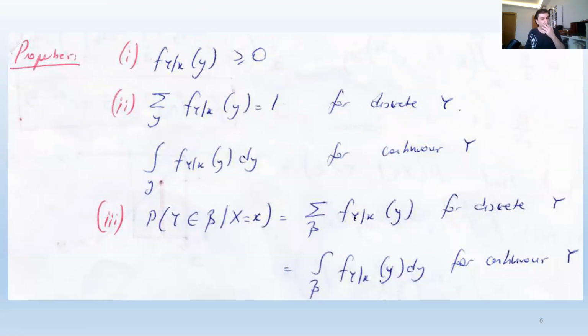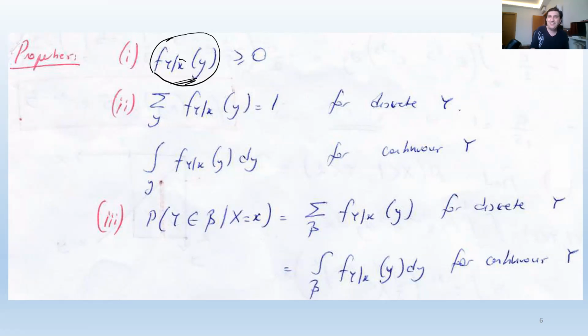So, properties of the conditional probability density or mass function. Note that this resulting entity is another probability distribution function, and it can be mass or density. Hence, it should obey all the rules related to probability, and it actually does. First of all, it takes a non-negative value over the whole range of y values.